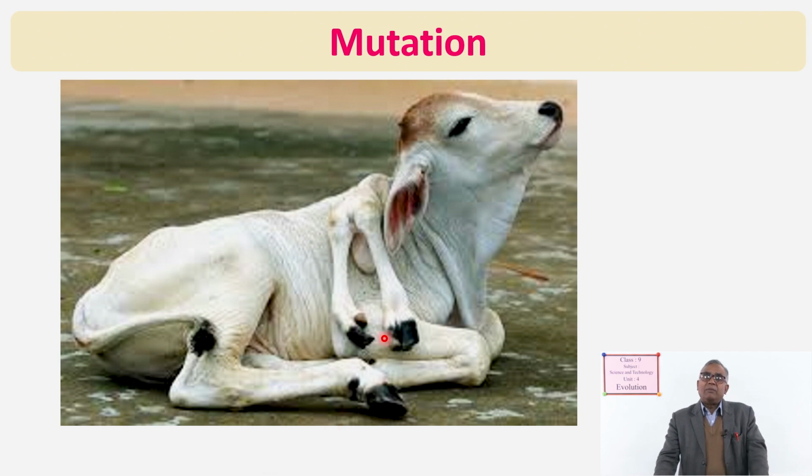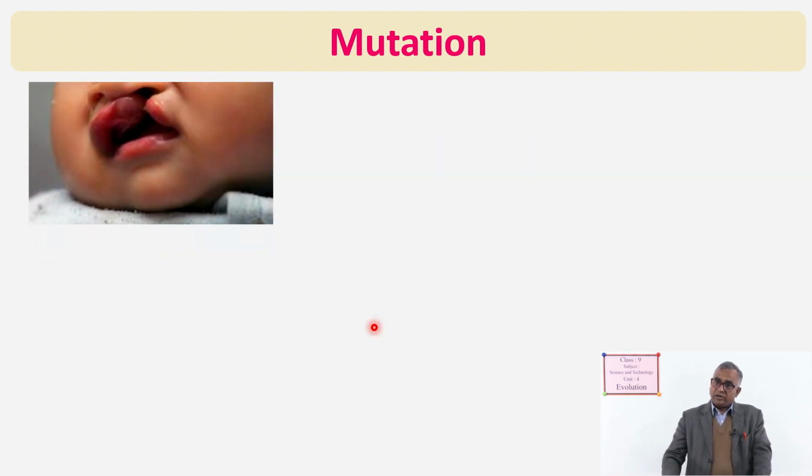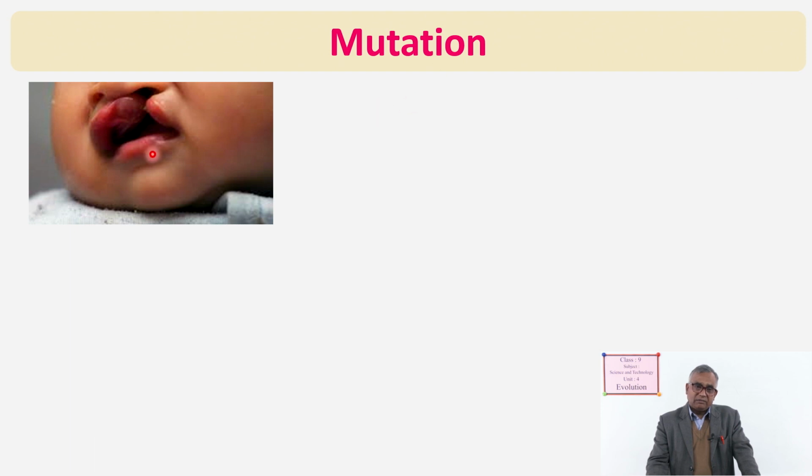But this is blind belief. Yes, it is mutation. It is not a form of God. Okay, it is mutation. Because of mutation, there is an extra leg from the back. Oh, it is also very common. Cleft lip. I think many of you have seen it. By birth, that cut occurs with the nose cavity and mouth cavity.